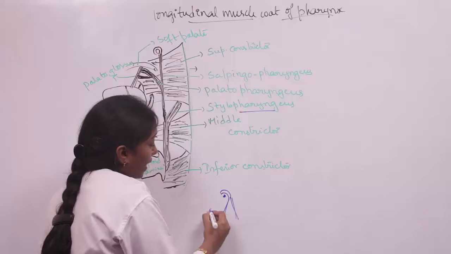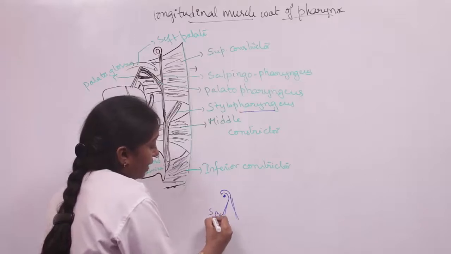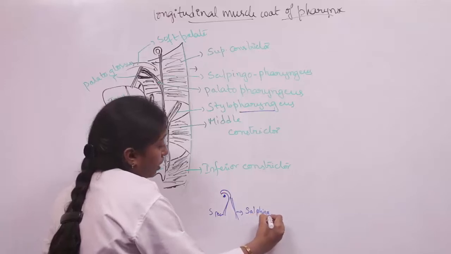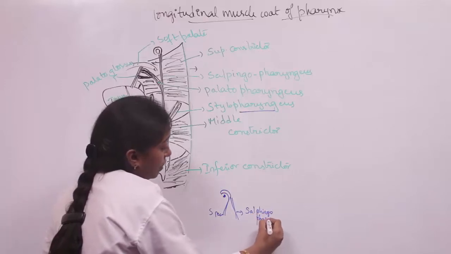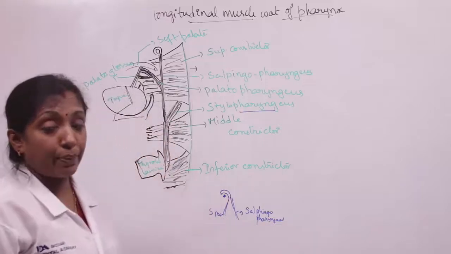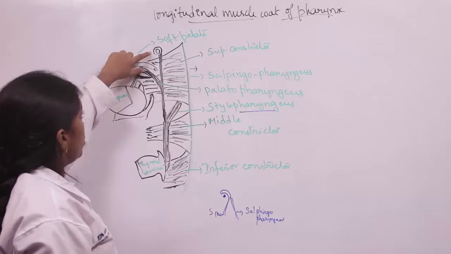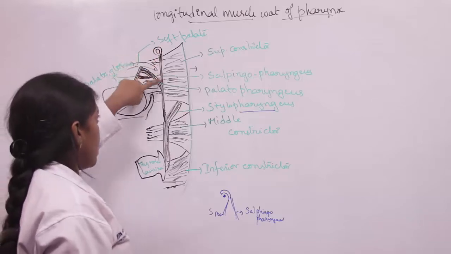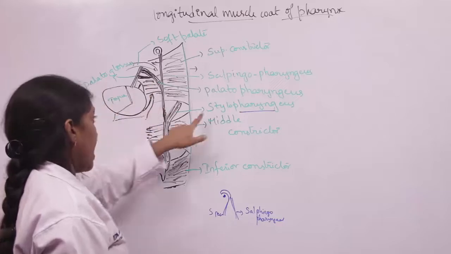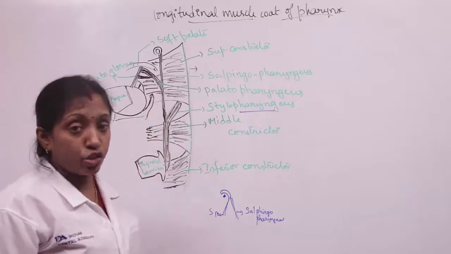One is the salpingopalatine fold and this is the salpingopharyngeal fold. Underneath the salpingopharyngeal fold we have a muscle of the same name, the salpingopharyngeus muscle. From the tubal elevation the salpingopharyngeus muscle extends downwards and backwards and unites with the stylopharyngeus muscle by forming a conjoint tendon.